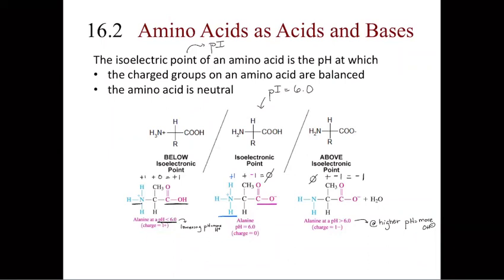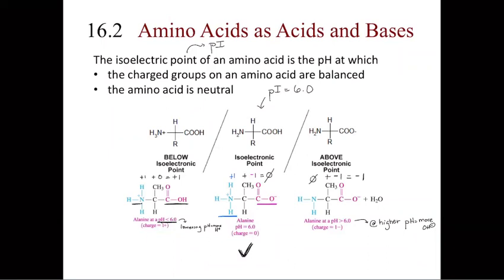At this course, the important thing that you guys need to know is if I'm giving the PI value and the pH is the same number as my PI, this is how my molecule looks like. It's going to have a 0 charge.